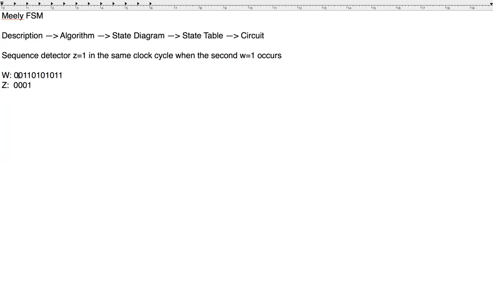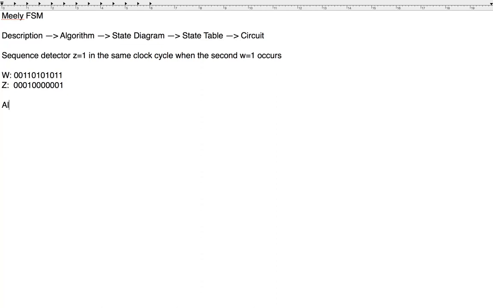So right here, two 1s occur, same cycle. Here, two 1s occur in W, so same clock cycle, 1 as an output. Okay, now that we talked about that and we did all those, that's our description here.